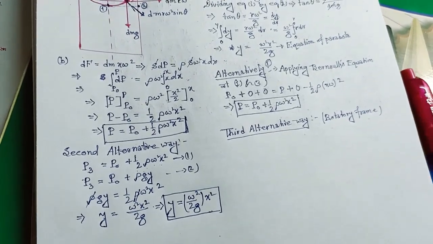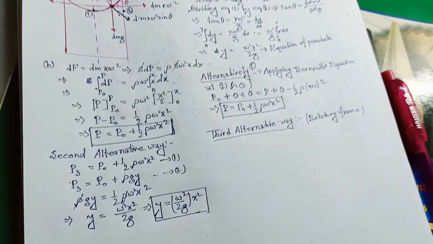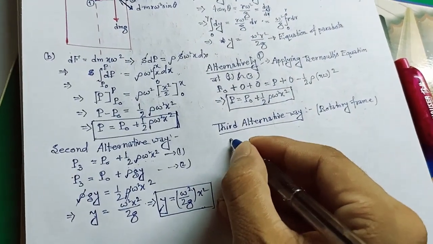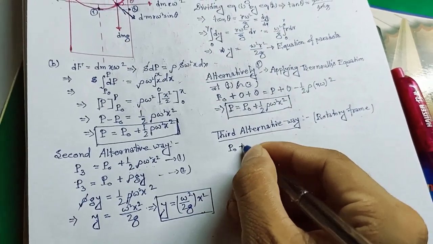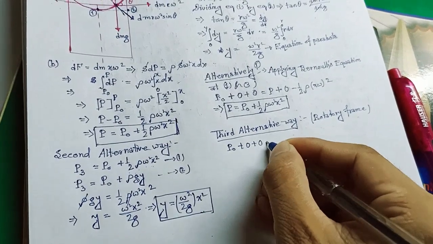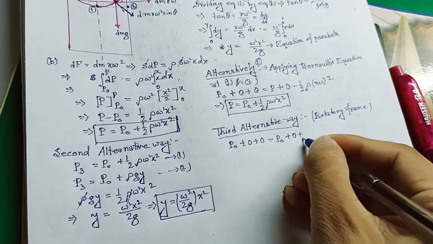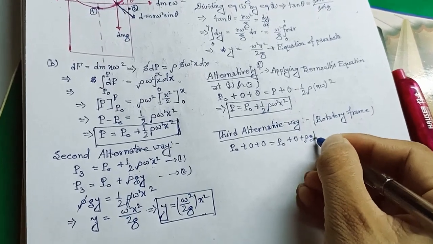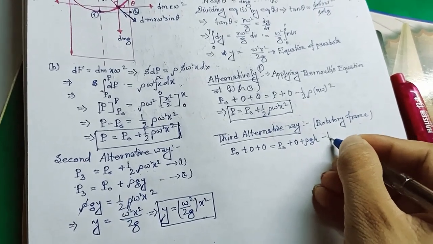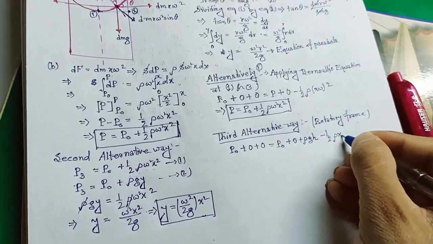For a rotating frame, the Bernoulli equation can be expressed as P naught plus 0 equal to P naught plus 0 plus rho g h minus half rho x square omega square.